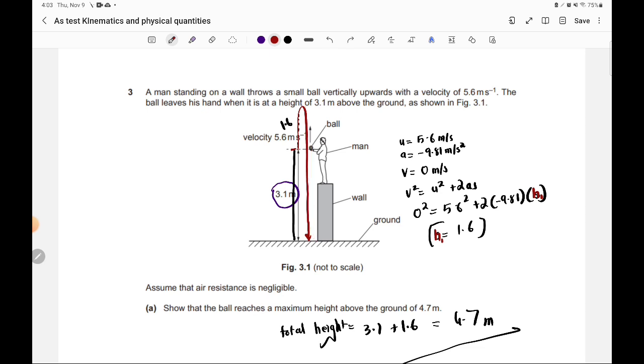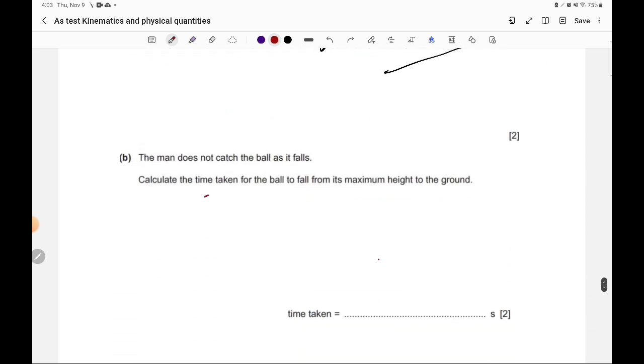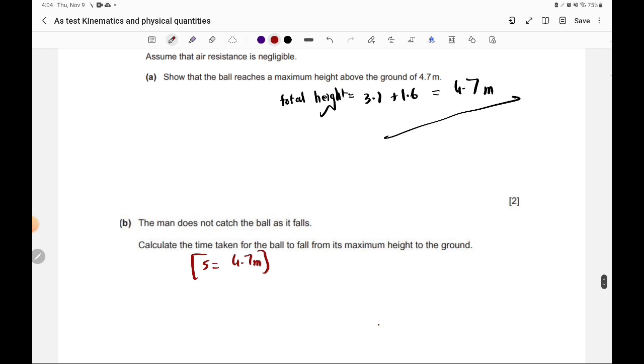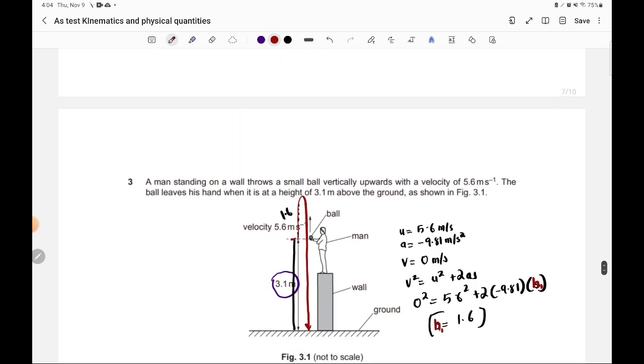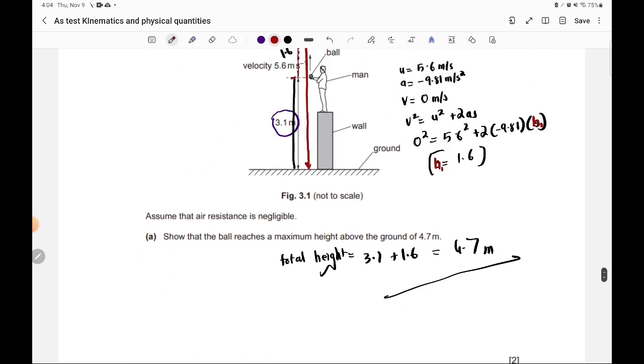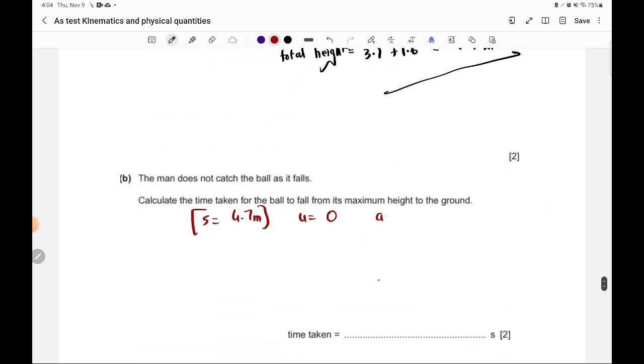So what we can do is that we already have the maximum height with us, which is S equal to 4.7 meters, and we can proceed forward. The initial vertical velocity is kept at 0 because it is going to be dropping from this particular point, and what we have is the acceleration, which is going to be positive because the speed is going to be increasing.